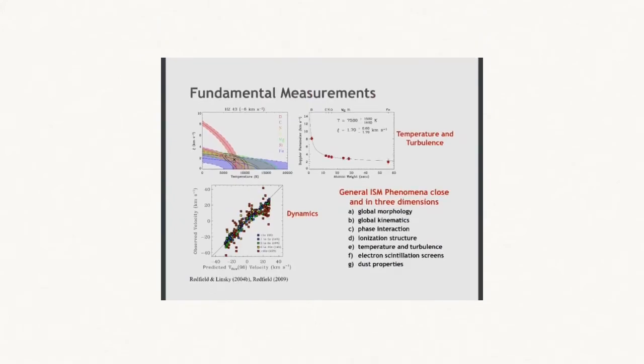So, very long story short, we can take some basic measurements that help us determine the general interstellar medium properties close and in 3 dimensions, such as what I mentioned earlier: morphology, kinematics, phase interaction, ionization structure, and so forth. And here are some of the things that have been determined so far based on that.